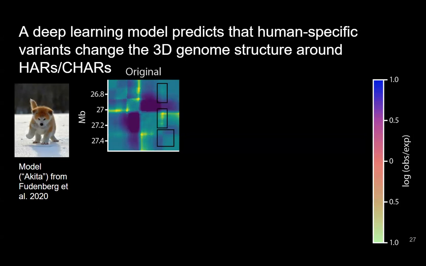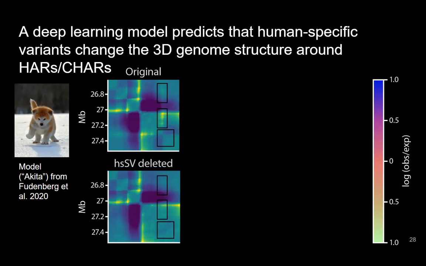So using this, we were able to look at what impact these structural variants might have on 3D structure. For instance, in this locus, here's the original sequence, and you can see that there's a strong boundary here. There's what looks like a cross-TAD contact here, a strong inter-TAD contact here, and a little bit of an inter-TAD boundary there. Then when you delete the specific human-specific structural variant, you lose this contact here.